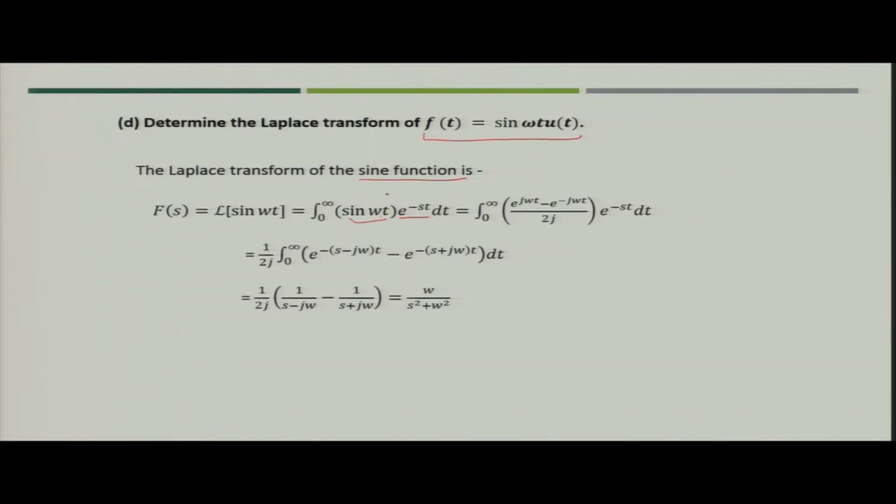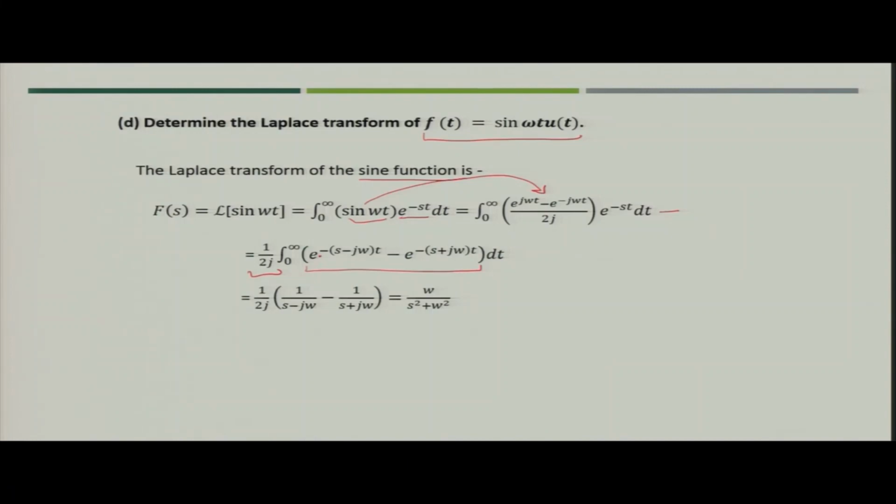To solve it, we can convert the sin omega t term into exponential form, that is e to the power j omega t minus e to the power minus j omega t upon 2j, into e to the power minus s t dt. Now, 1 upon 2j you can take out because it is constant, and when you club the terms you get the expression in the form of exponents.